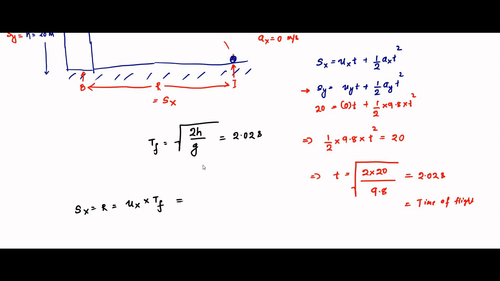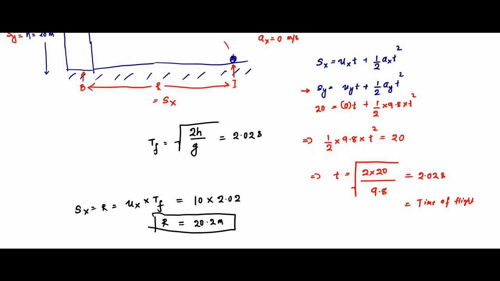So that is equal to 10 meter per second into 2.02 second. That is equal to 20.2 meter. So this is the answer which was asked in the question.